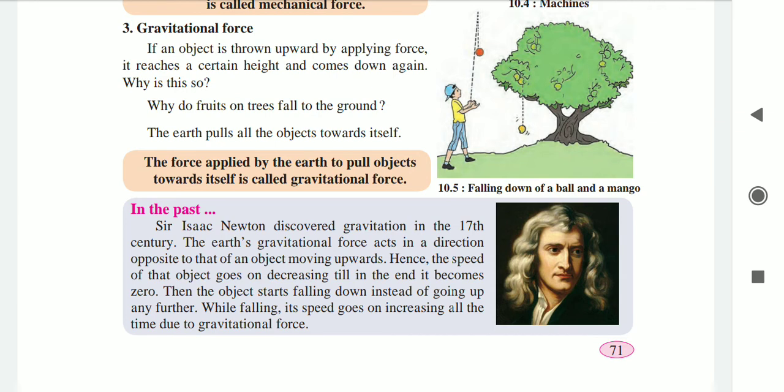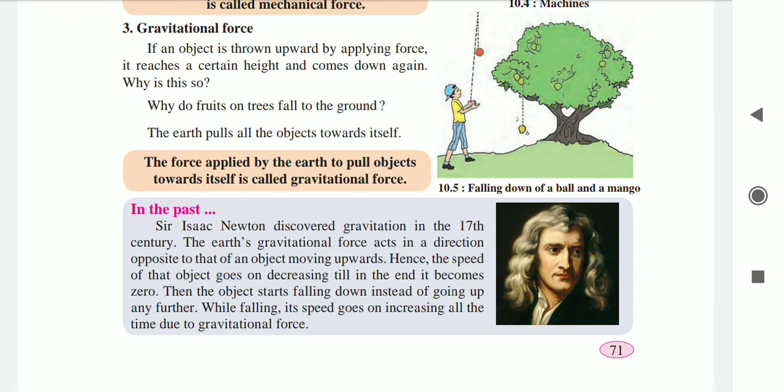pulled towards the Earth. Who was the first person to find out this gravitational force? See the paragraph down. You can see the picture over there. Who is this person? Sir Isaac Newton. He discovered gravitation in the 17th century. The Earth's gravitational force acts in a direction opposite to that of an object moving upward.